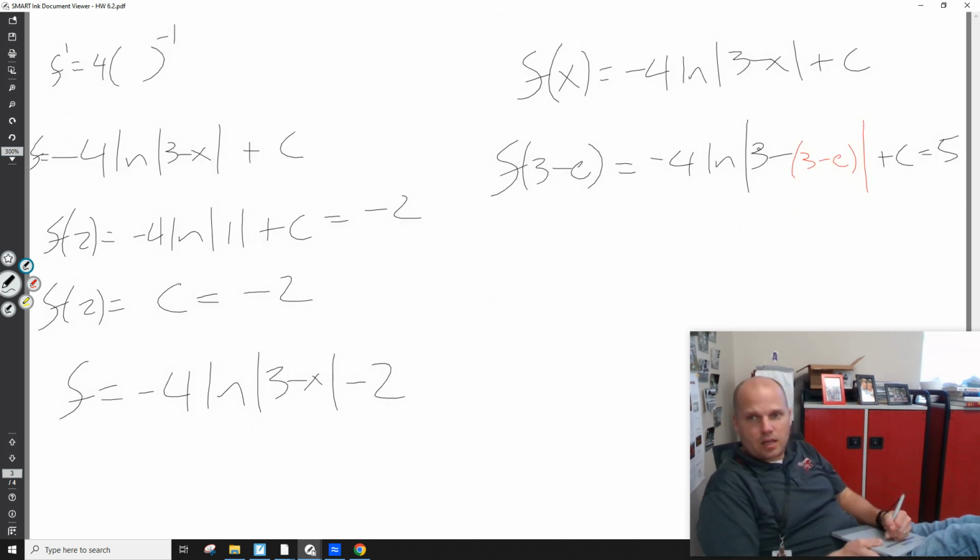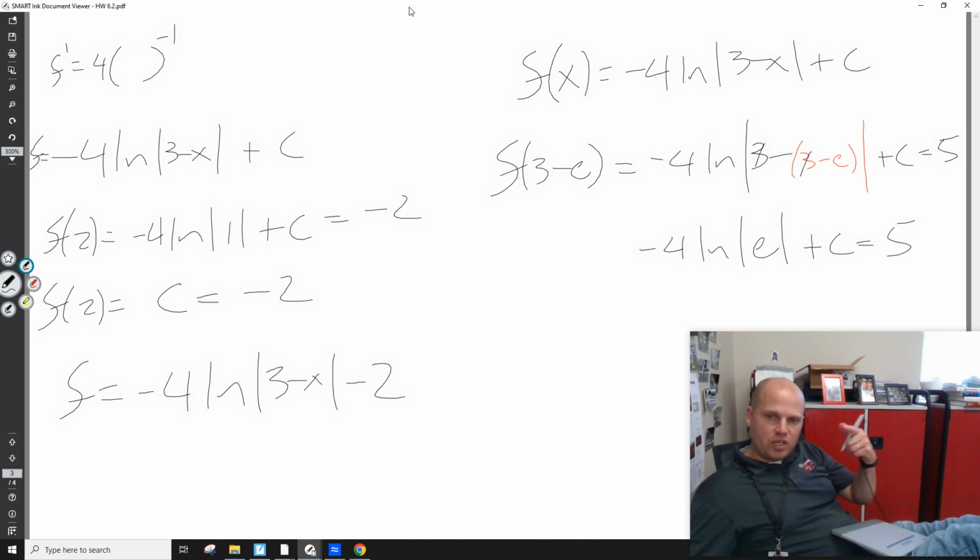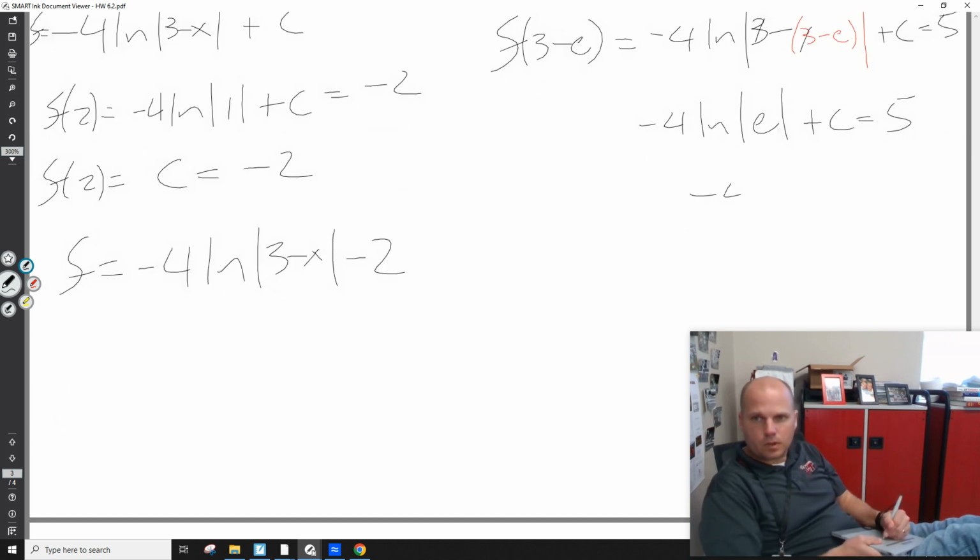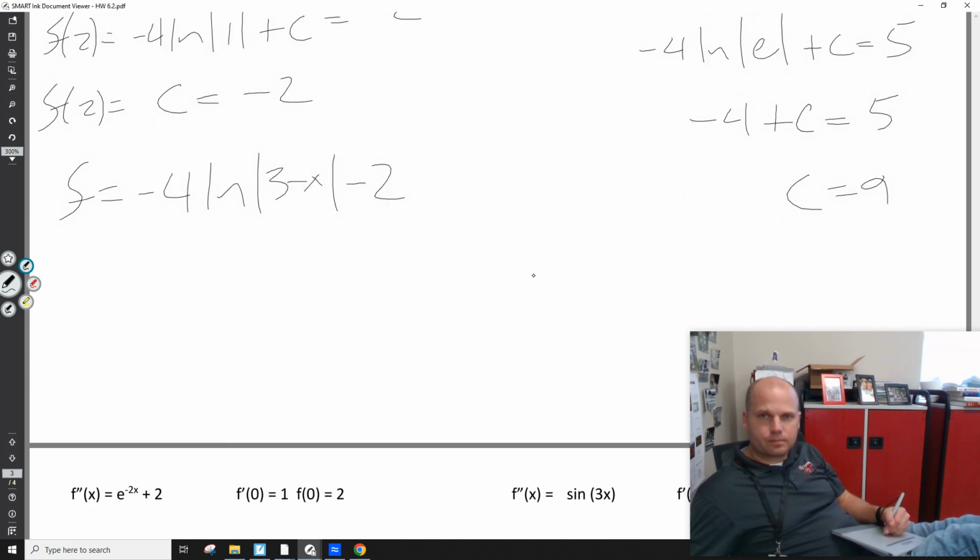Now, 3 minus 3 minus e becomes e. Natural log of e is 1. C equals 9.